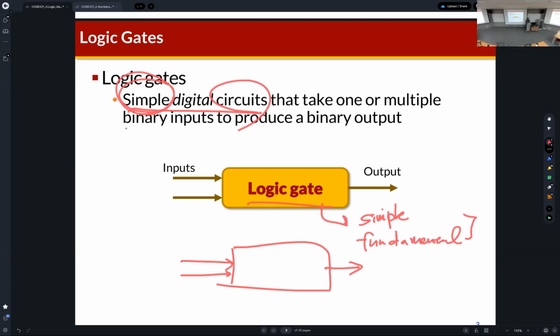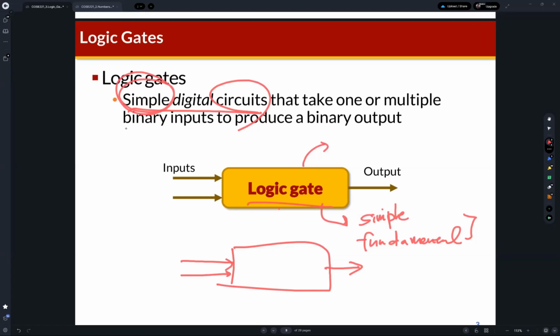But the number of inputs is small. So this logic gate just receives a small number of input signals, and then generates an output signal. Okay, that is the definition of a logic gate. So this is simple, right? You can think that this is just a black box. So it's just a module.